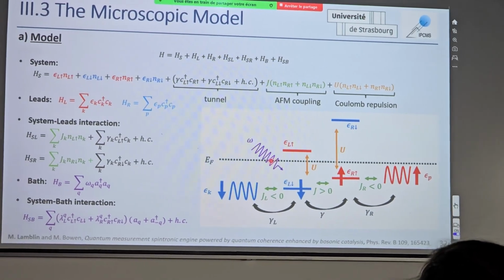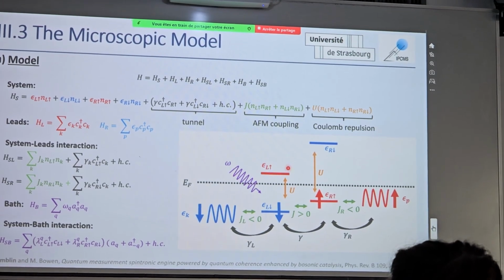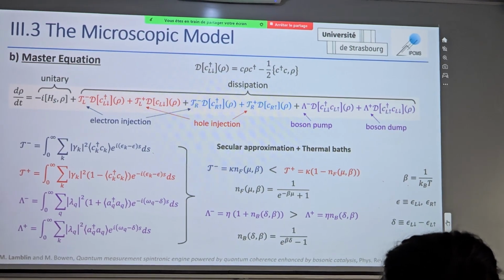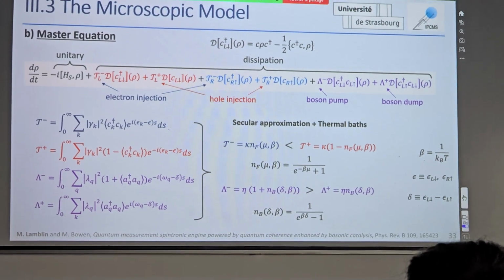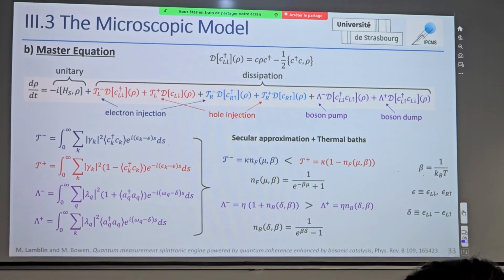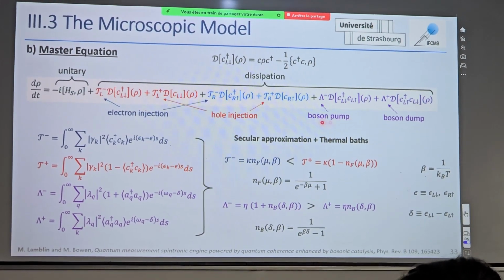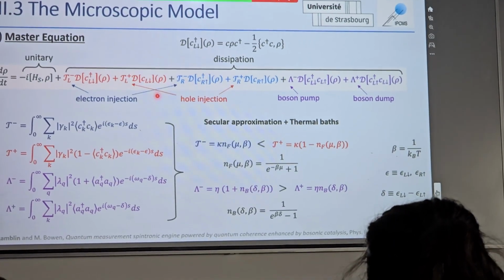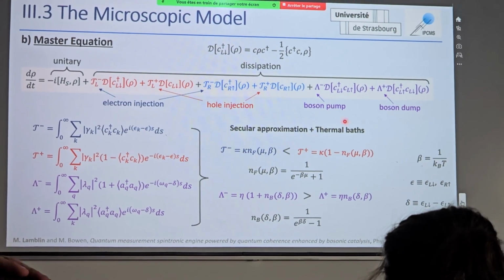And I finally considered a bosonic bath that would flip the spin on one side. In the standard Markovian approximation, this led me to a master equation featuring a non-Hermitian term with 6 terms that code for the electron injections on both sides, the hole injections on both sides, the boson and the boson pump.